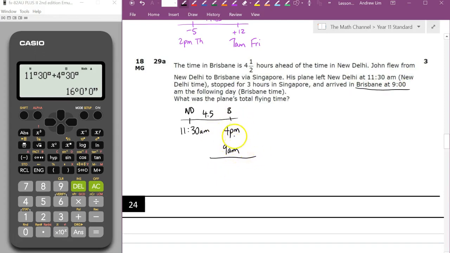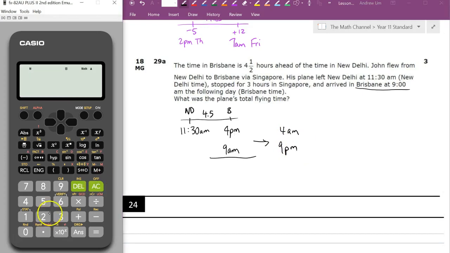If they're both the same unit, both PM or both AM, then we can just minus the arrival time minus the departure time. But if they're different, then we can change this one to 24-hour time. So I'm going to make this one become 4 a.m. and 9 p.m., which I can do because it's going to be the same difference. I'm just adding 12 hours to both.